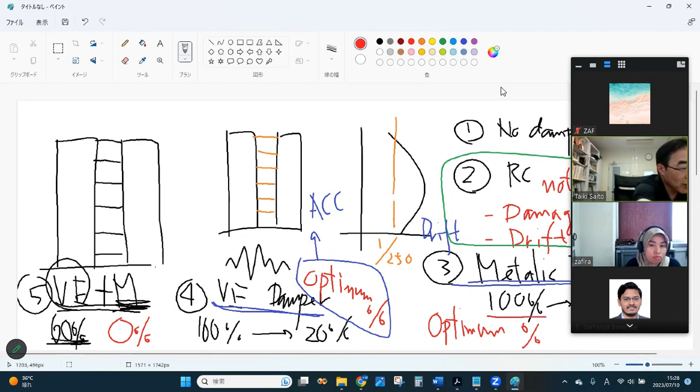Do you know how much percent for metallic damper optimum? Last time was 75 is the best. 75%? Yes. So it's around 60 to 80%. 75%. Okay.